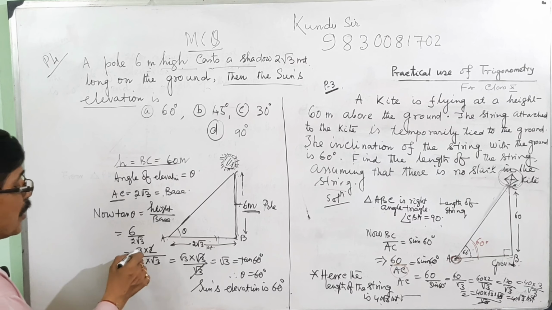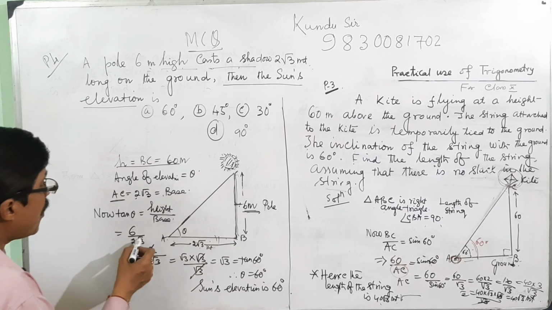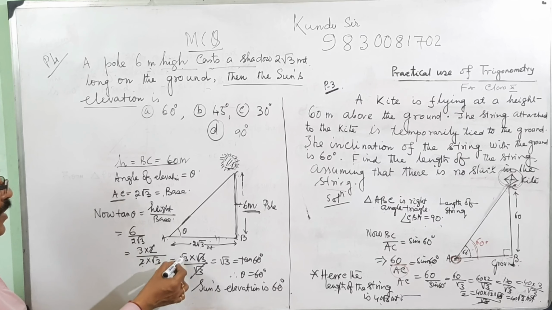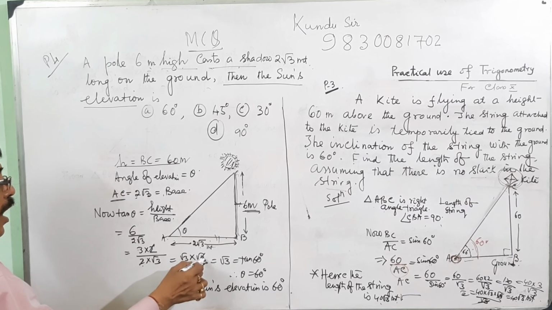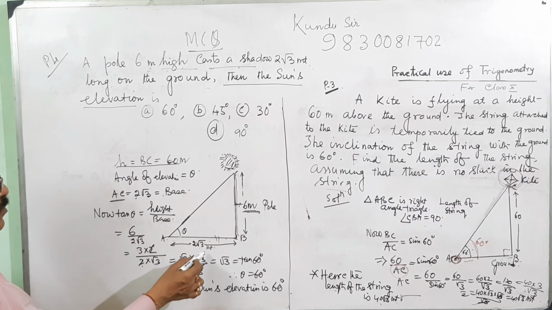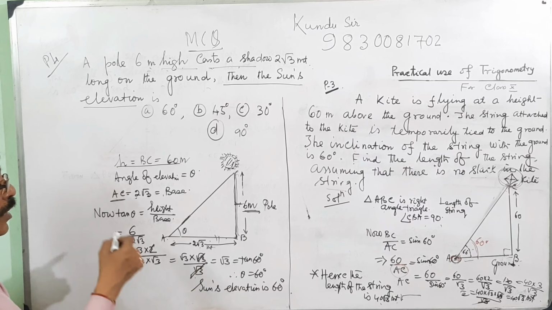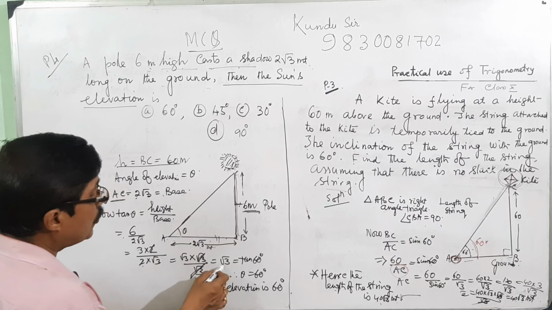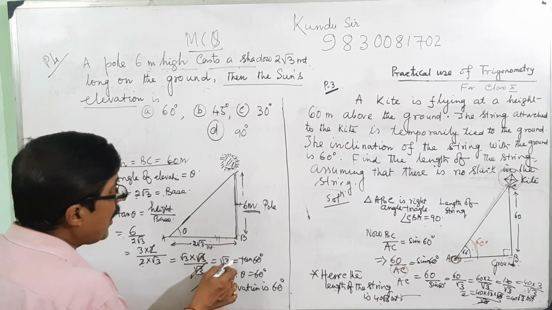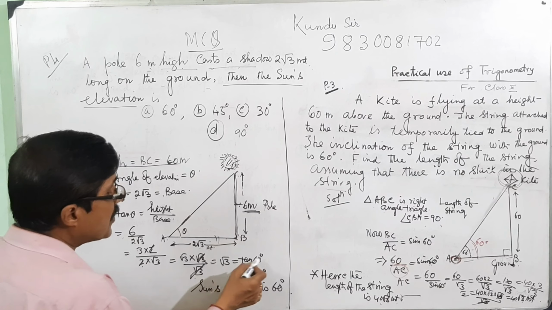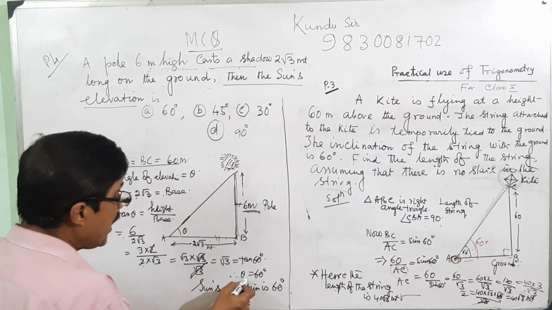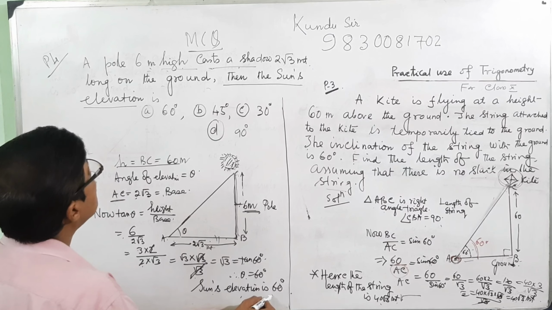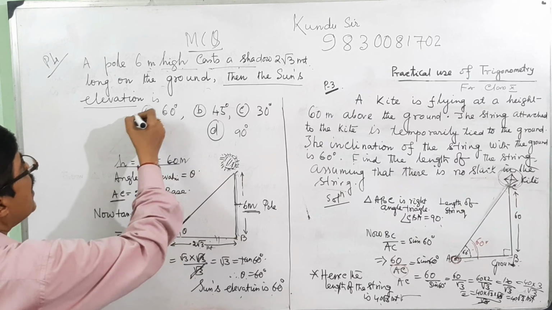That is 3 upon root 3; 3 can be written as root 3 into root 3 upon root 3, and removing one root 3 from numerator and denominator, we get tan theta equal to root 3. Tan theta equal to root 3 means tan 60, therefore theta equals 60 degrees.